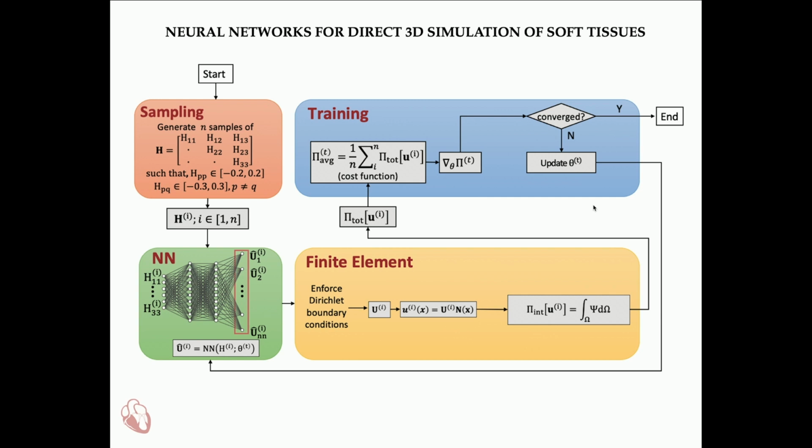The output layer is the displacements of each node in the finite element model. This is put into a processing subroutine where we can compute the total internal energy. That's fed into a training regime where we look over all training points and then wait till we converge. So our training is really training on that system.